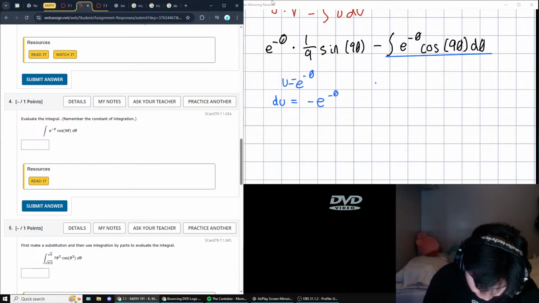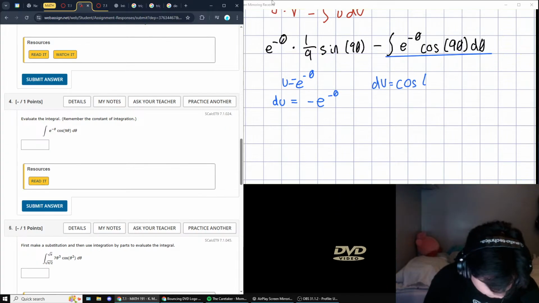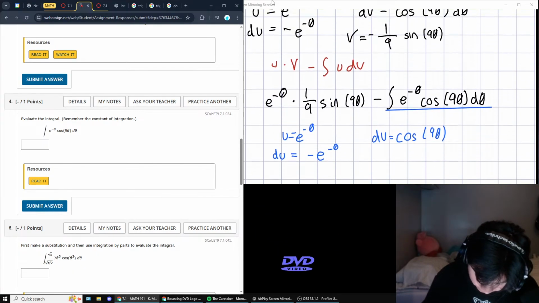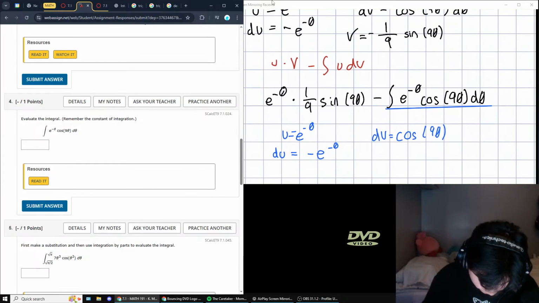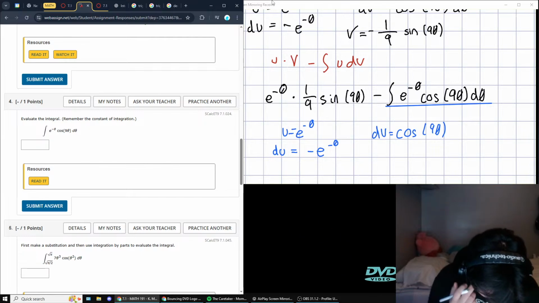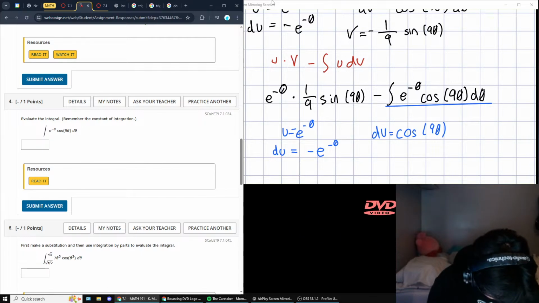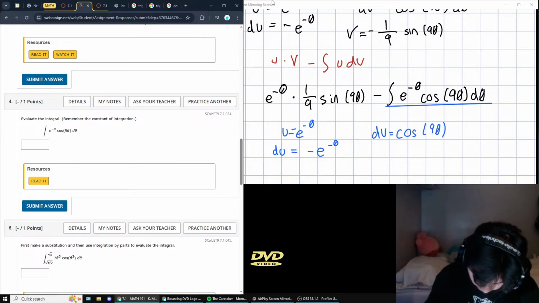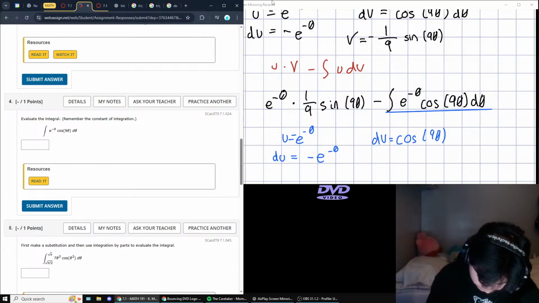I choose dv, so dv being cosine of 9 theta. Oh wait, I messed this up.